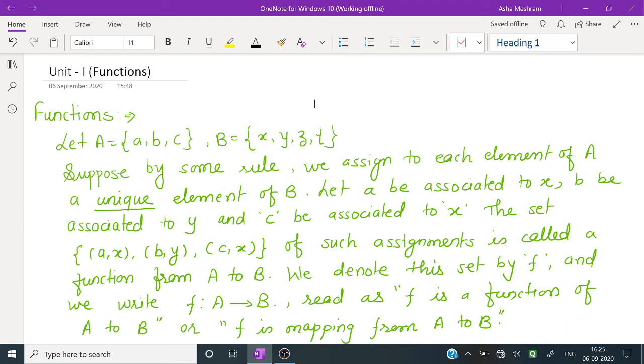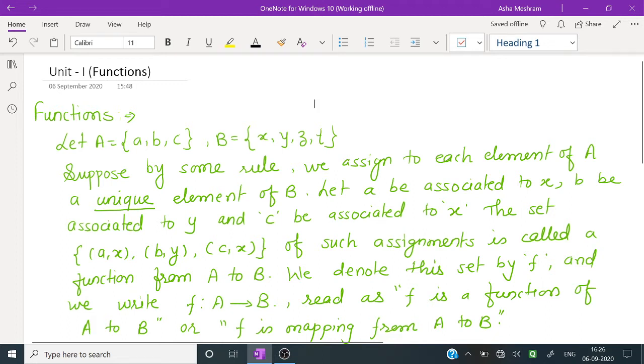So here I have taken two non-empty sets, capital A and capital B. The small a, b, c are the elements of capital A, and small x, y, z, t are the elements of B. Now suppose by some rule, we assign to each element of A a unique element of B. This unique word is very important.